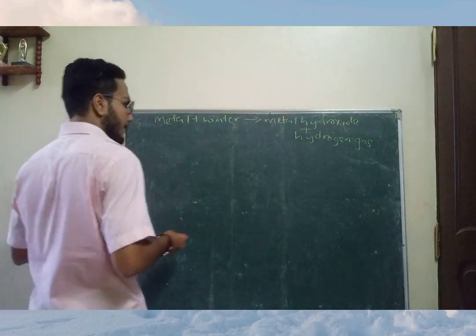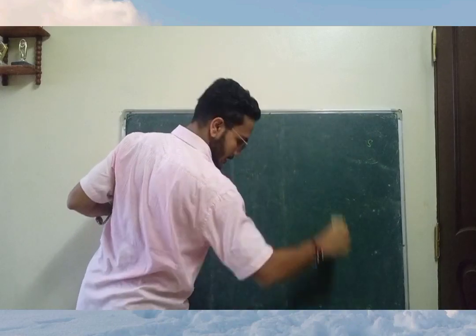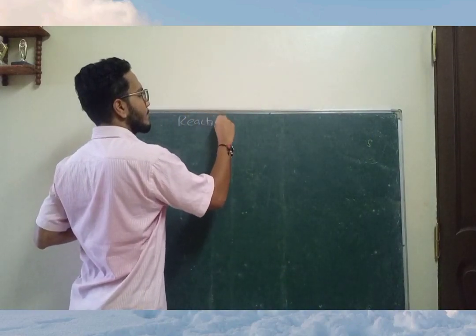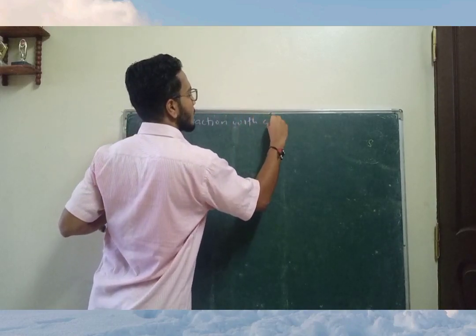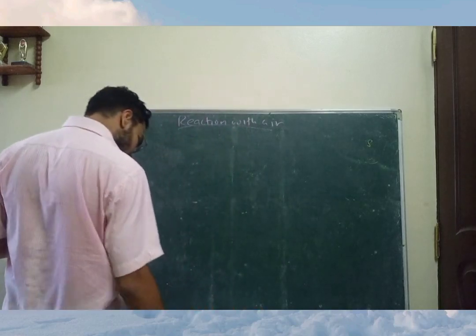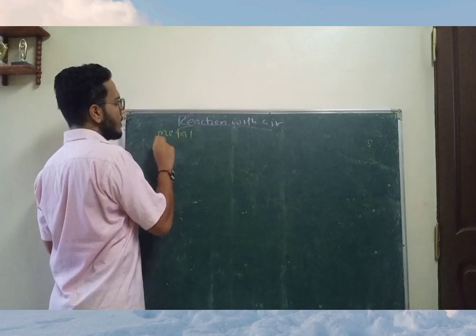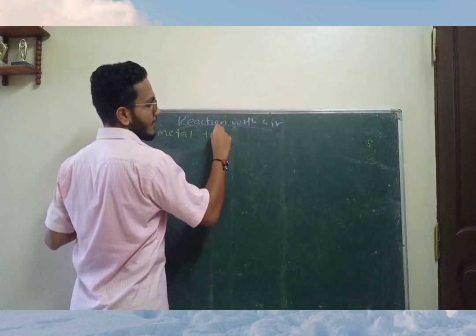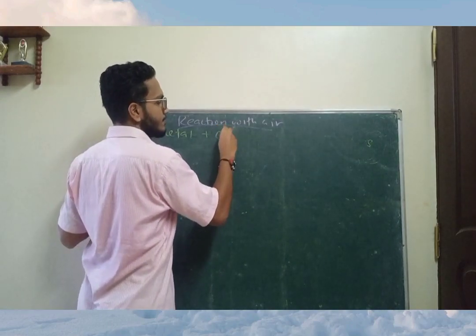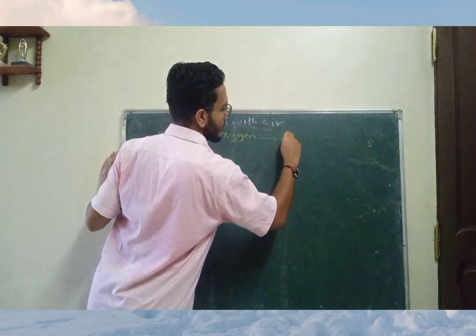Reaction with air. Let's remove this. Reaction with air. Alkali metal plus air: it reacts with the oxygen part of air to form metal oxide.